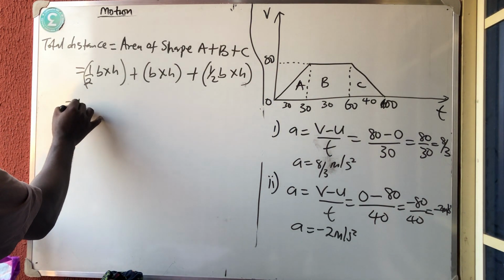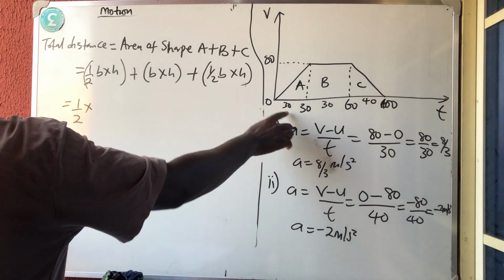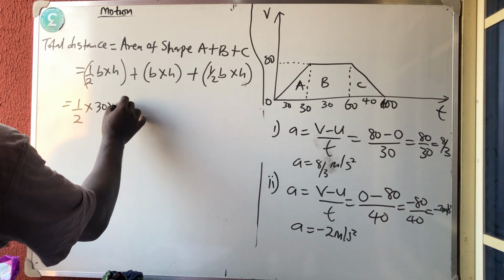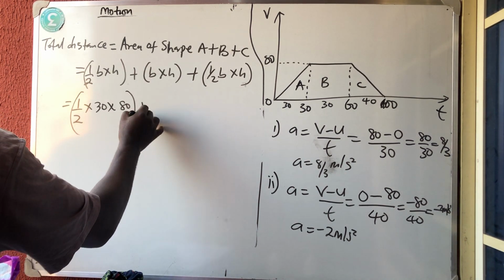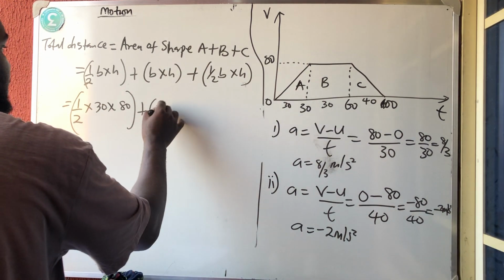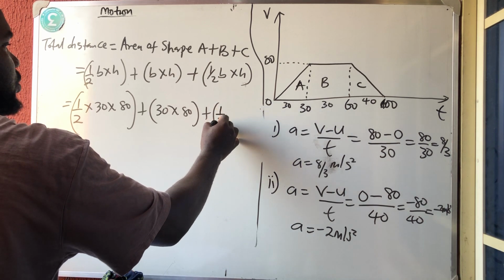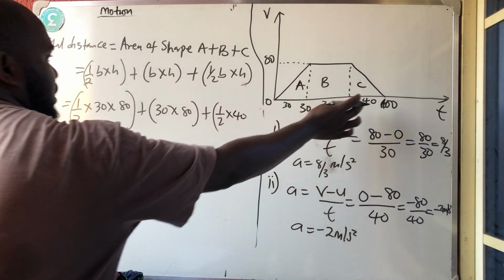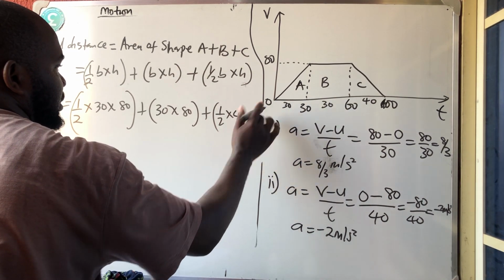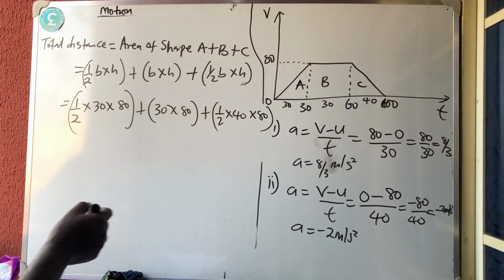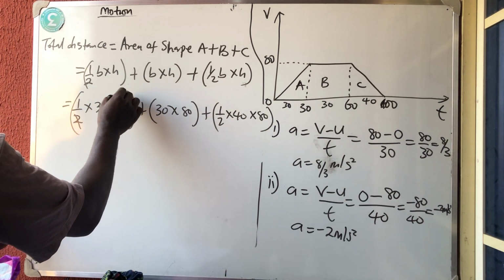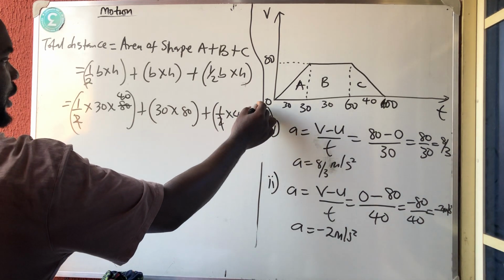So what do I have now? 1 over 2 times the base here is 30 times the height there is 80, plus the base here is 30 and the height is 80, plus finally 1 over 2 times 40 is the base here times the height is still the same 80. So let us do the math. This take care of this is 40. This take care of this is another 40.